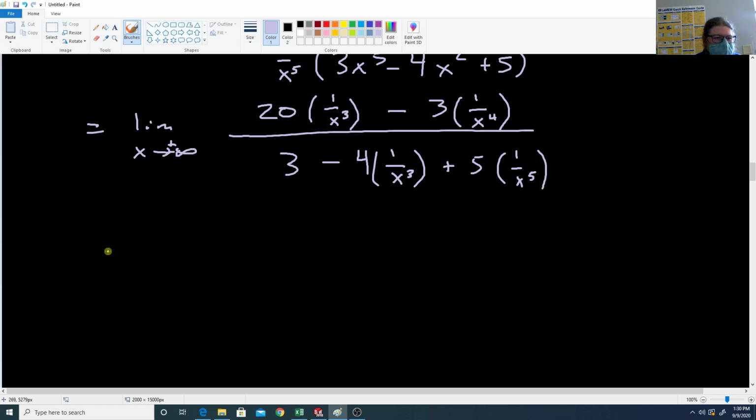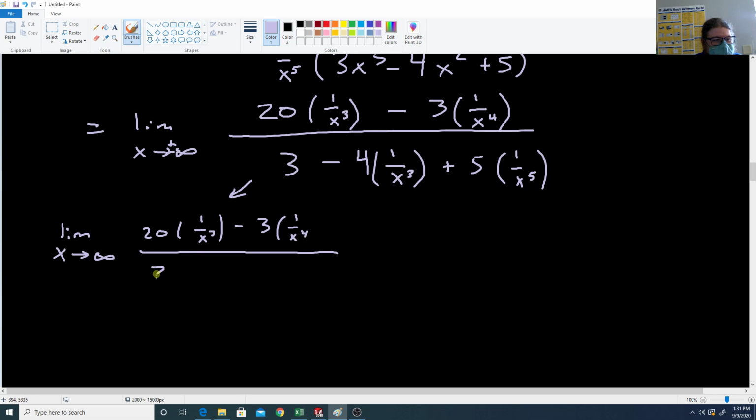So this one actually is going to work out the same as positive or negative, so we could do it all at once. But maybe I'll write it out for each of the cases. So let's split it up into the positive case, which is 20 times 1 over x cubed minus 3 times 1 over x to the fourth, all that over 3 minus 4 times 1 over x cubed, plus 5 times 1 over x to the fifth.